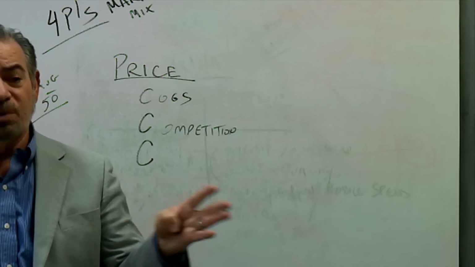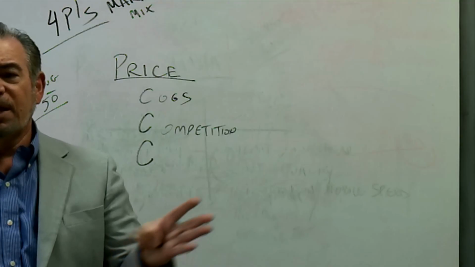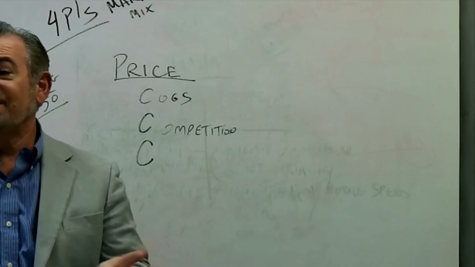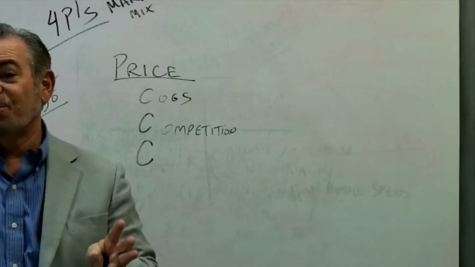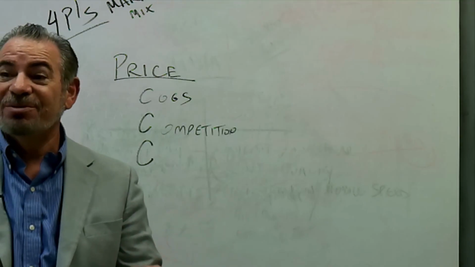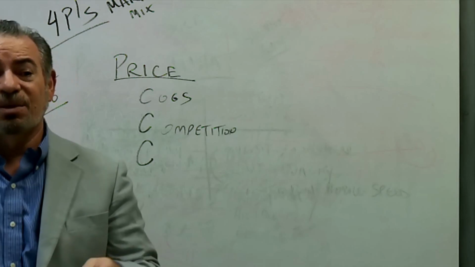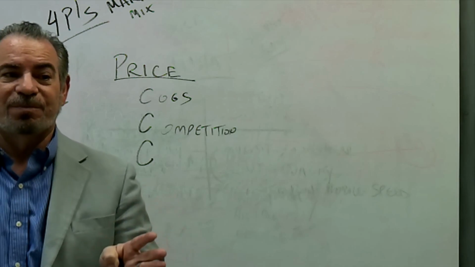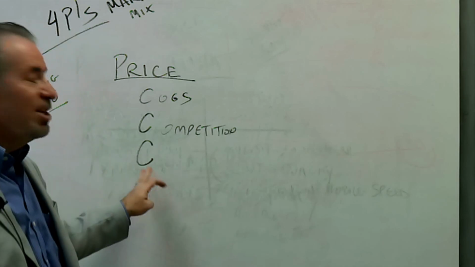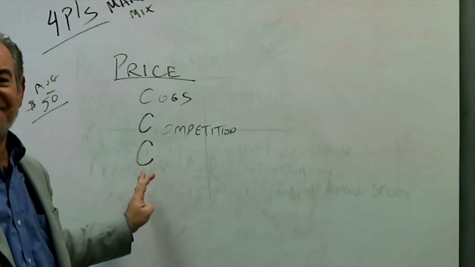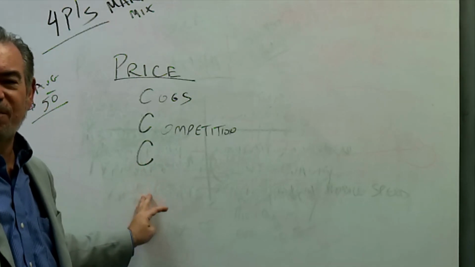That could be too expensive. Or the competition could be $110, and then you're not the best quality product. You're in the middle somewhere. So you have to think about the competition. Okay. This is an easy one. The last C. Who else do we need to worry about?